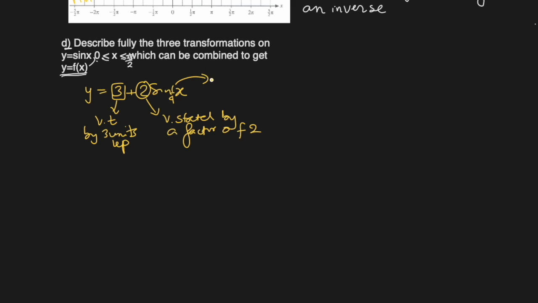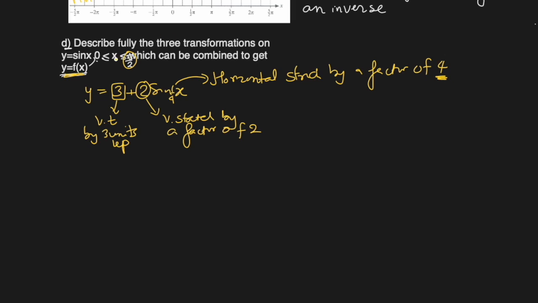This one is a horizontal stretch by a factor of 4. Because our domain is pi by 2, because of the stretch by 4, it will go up to 2 pi, and that was what the domain of y equal to fx was. That's why it is correct.